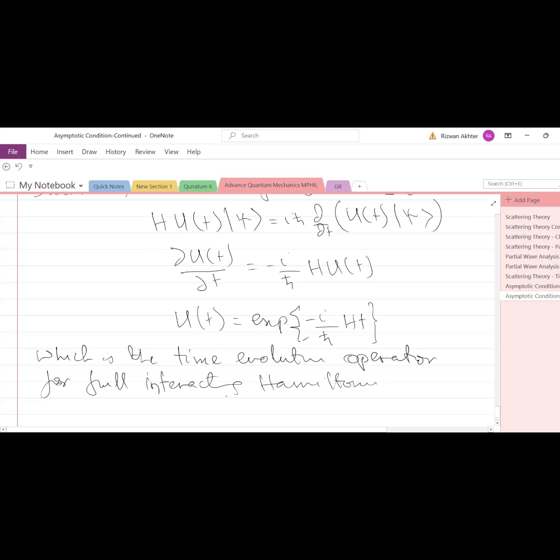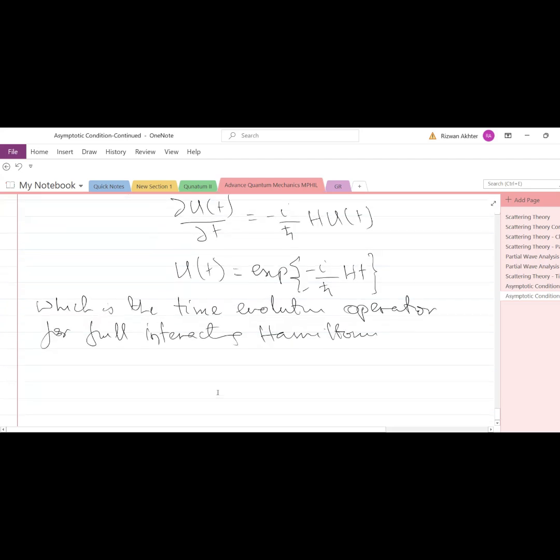Similarly, what would be the time evolution operator corresponding to the free Hamiltonian?